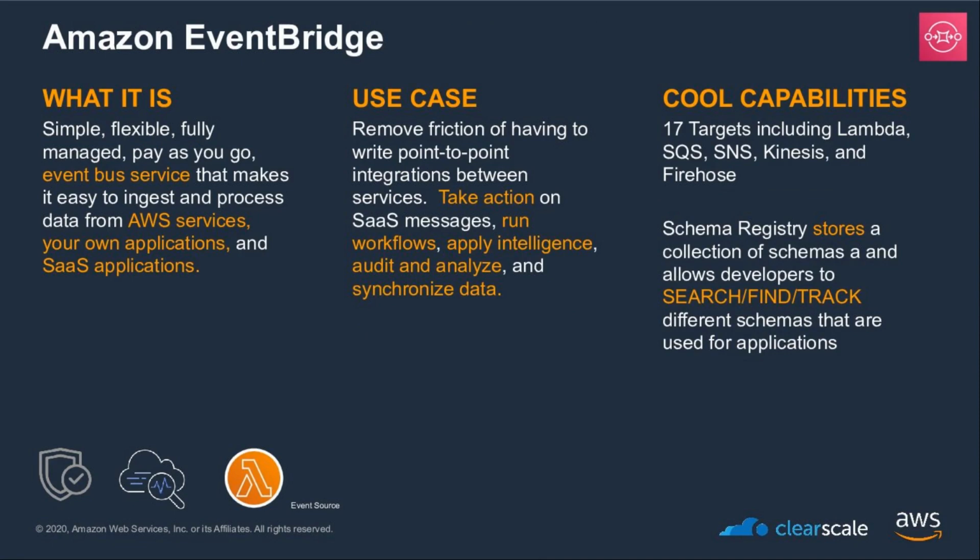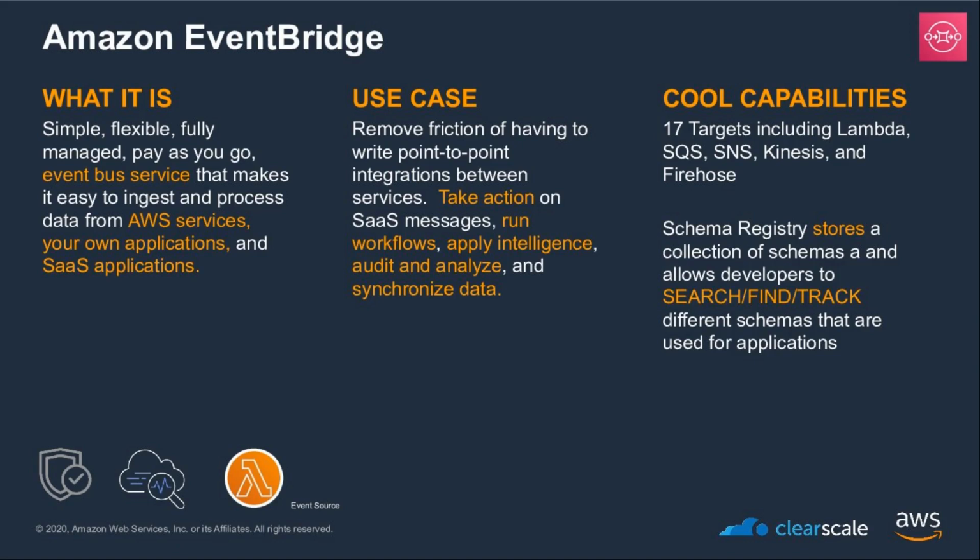Amazon EventBridge is our serverless event bus service. It simplifies the routing of events between the various AWS services, SaaS applications, and also custom applications. It logically separates the routing. You can implement various rules that you apply to filter and transform messages between the different targets.